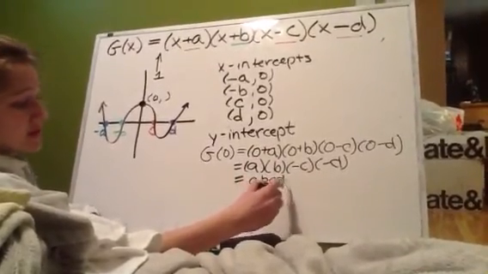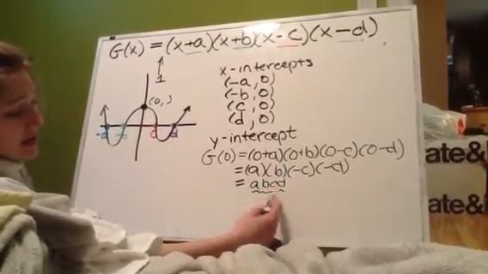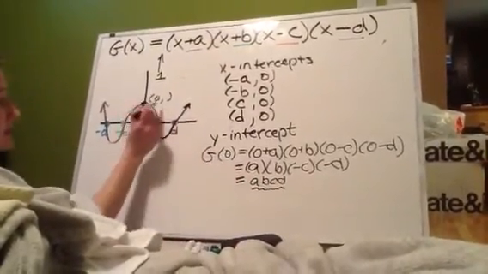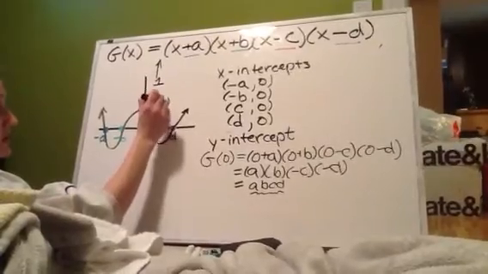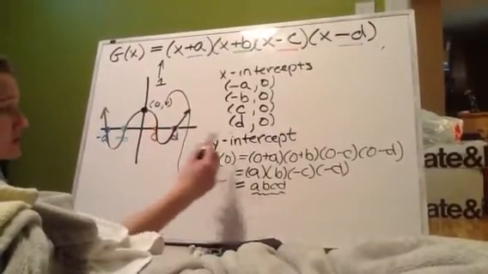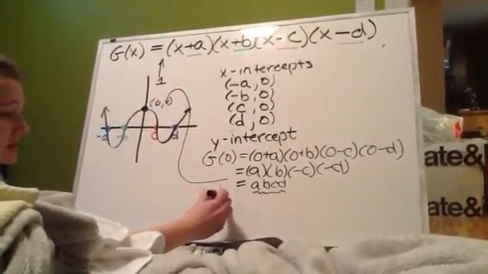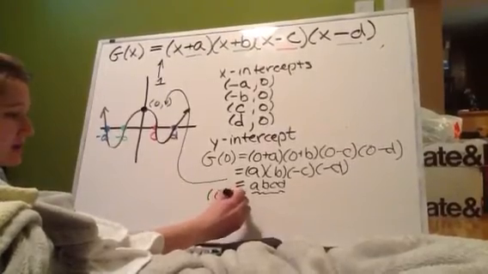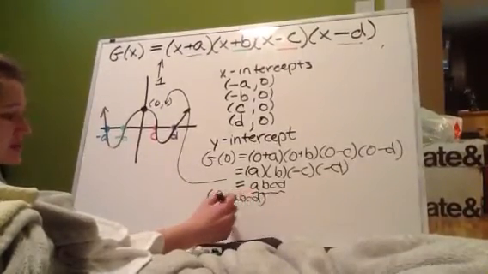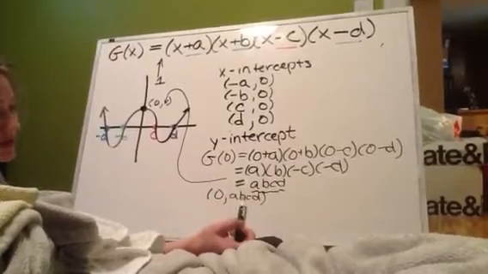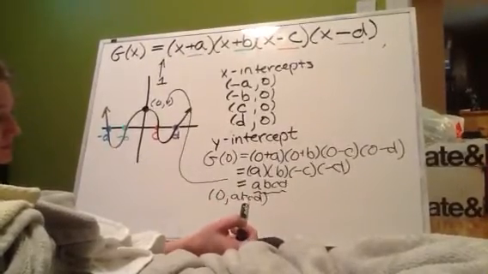Whatever this numerical value is, once I know my numbers, I can multiply the 4 together, and that would tell me my y-coordinate right here. So my y-intercept ends up being (0, abcd). Seems kind of strange, but once I know the values, I could just substitute them in.